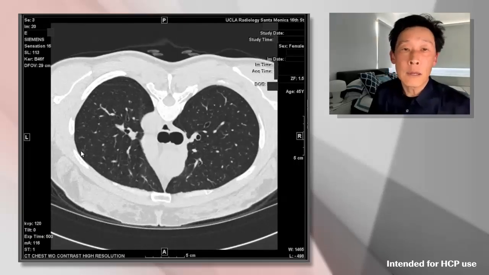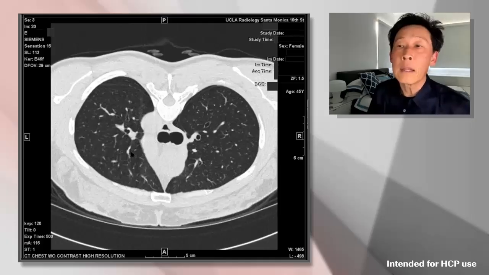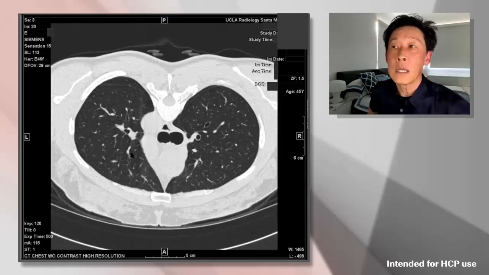Now, it's important that you give enough dose, however, to be able to image the lung and detect interstitial lung disease. And the extreme or ultra low doses that we tend to use with screening CT for nodules is not optimal for HRCT.